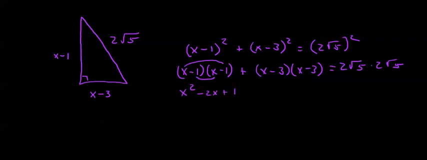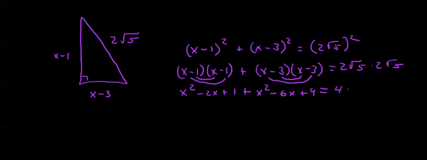Or, if you think about our double smiley, minus 1x is minus 2x, plus x times x, x squared, or double smiley, minus 3x, minus 6x, plus 9, equals 2 times 2 is 4, radical 5 times radical 5 is 5.